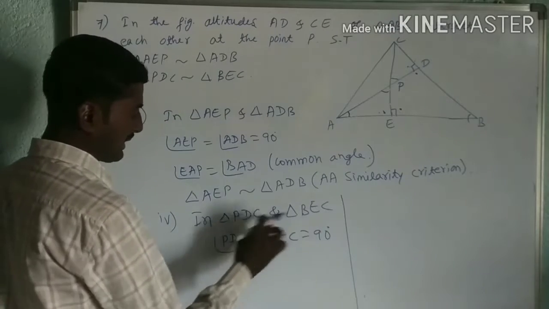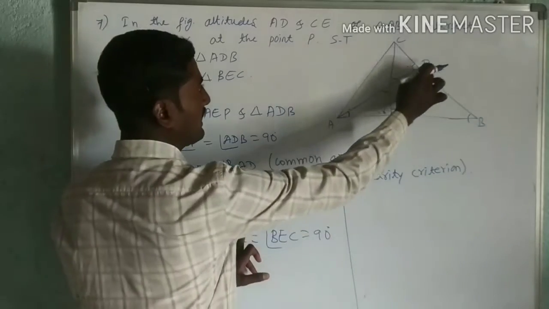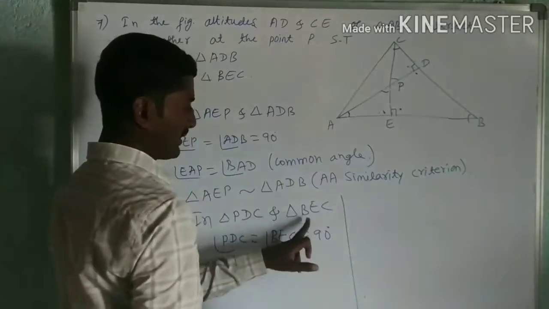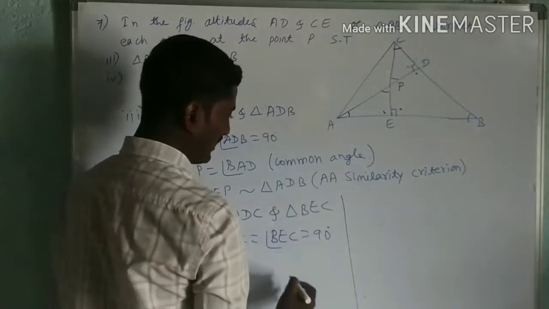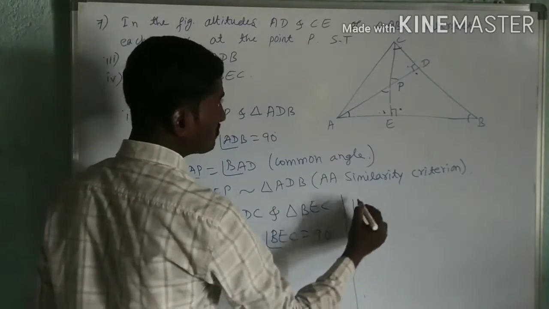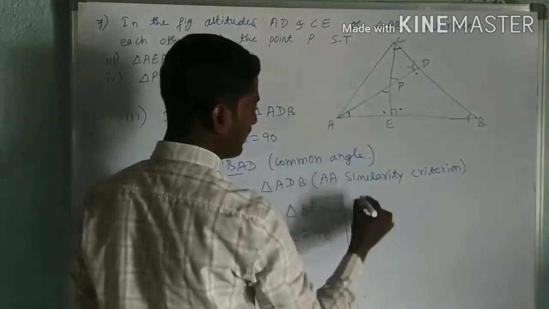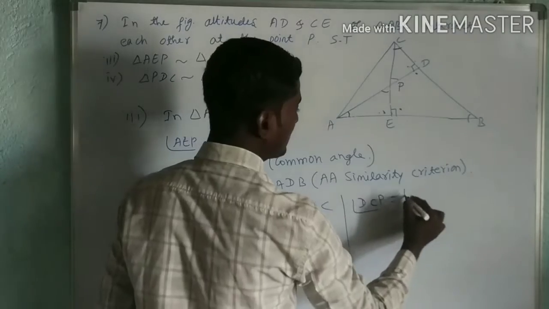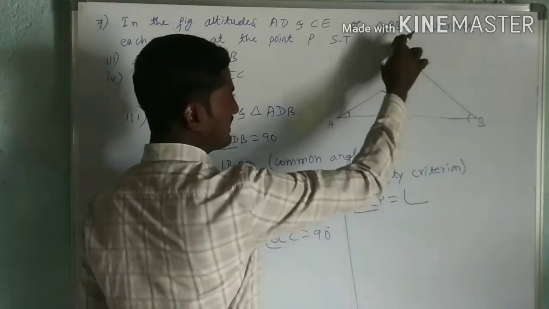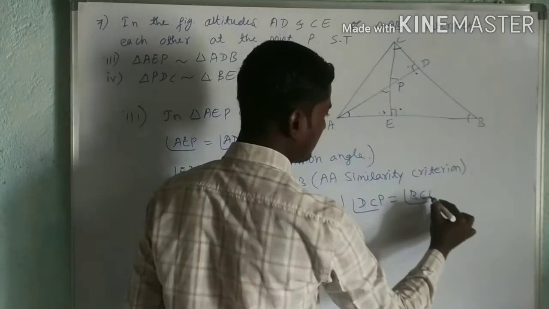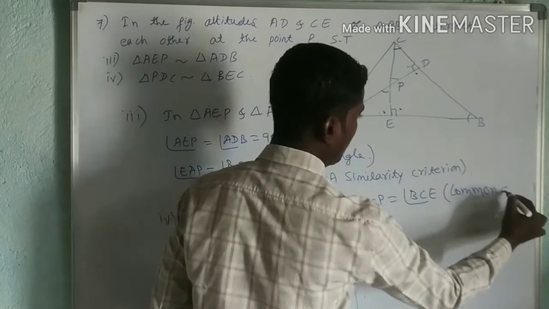Next, another condition. In these two triangles, the common angle is C. You can observe angle PDC in this triangle and BEC in the other, the same angle. So for triangle PDC, I'll write angle DCP is equal to angle BCE, a common angle.